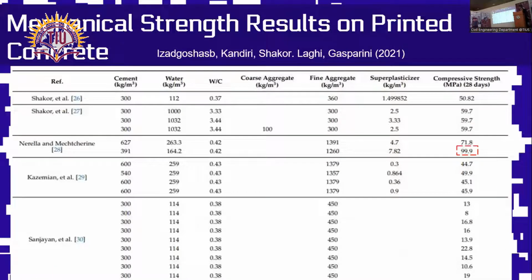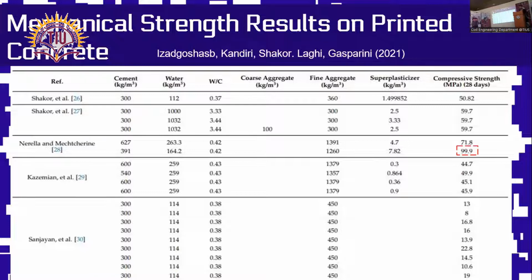Now, mechanical strength results on printed materials, on printed concrete. I had a paper published with a few colleagues at different universities, where I collected all kinds of papers on 3D printing, especially on compressive strength.